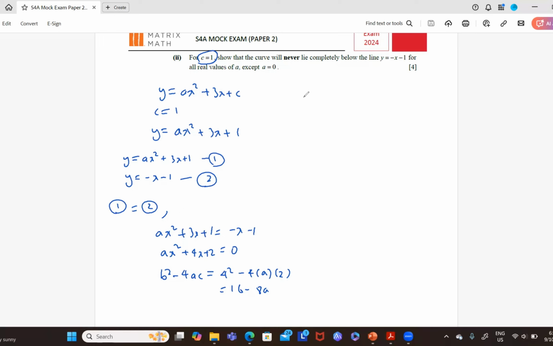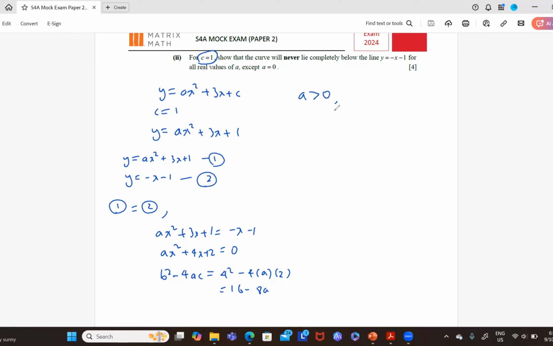Okay, so if a is more than 0, let's consider all the possibilities. So when a equals 1, 2, 3, 4, at some point, when a is 1, the discriminant is more than 0. When a equals 2, the discriminant will equal 0. Then when a equals 3, 4, 5, 6, your discriminant will become less than 0.